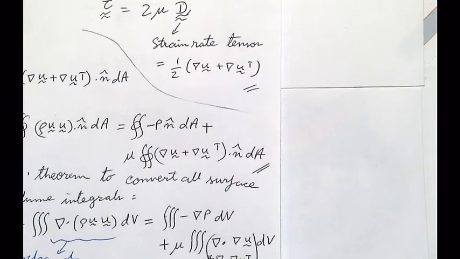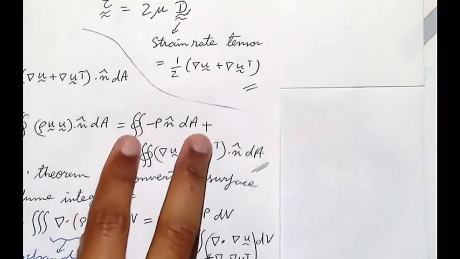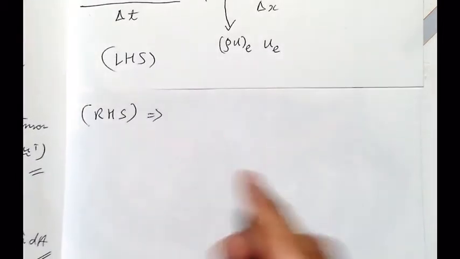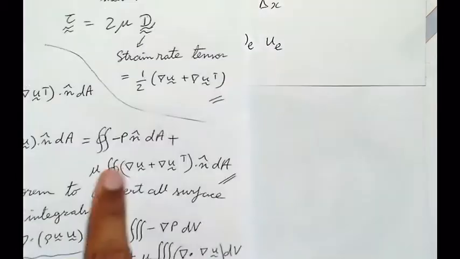This would be a line integral only. So in general, it's a surface integral dA. Now it will be a line integral, and we assume the span out of the plane is 1. So fine, but in discretized form, how can we write this?